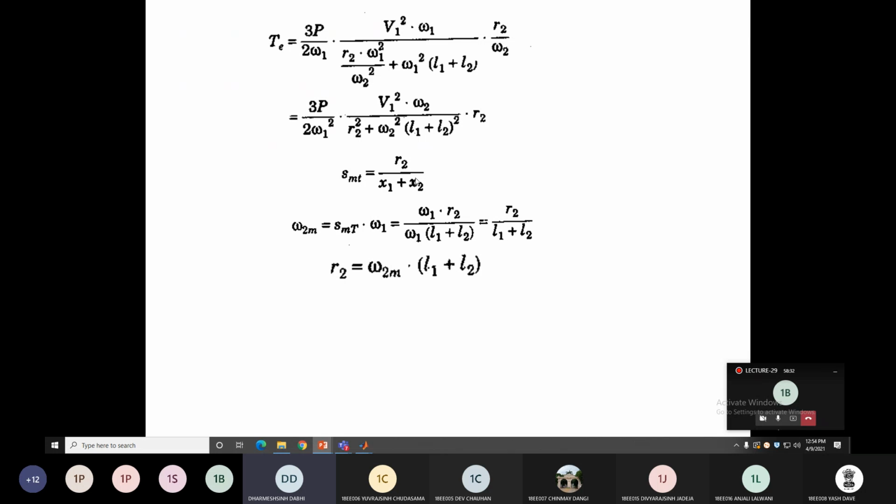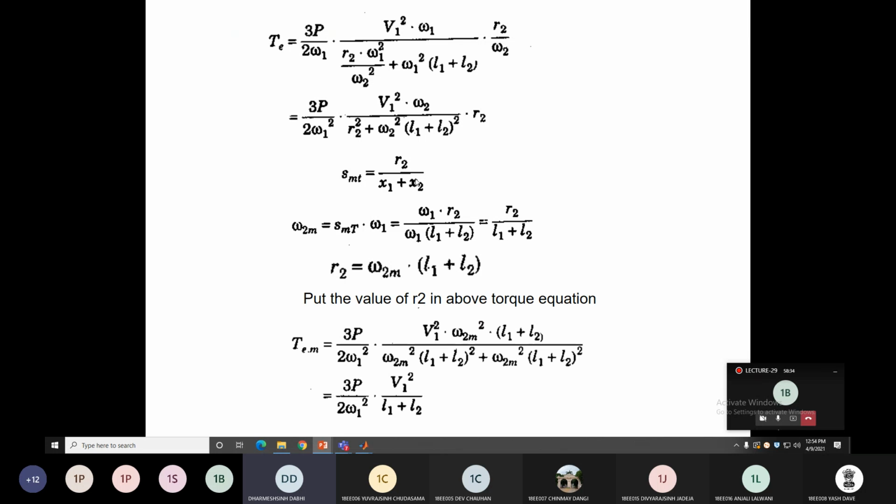Finally the maximum torque is equal to 3p divided by 2 omega 1 square into V1 square divided by L1 plus L2. I am not going into detail about this simplification because that is given in the PS Bimbhra book. This derivation is very simple.